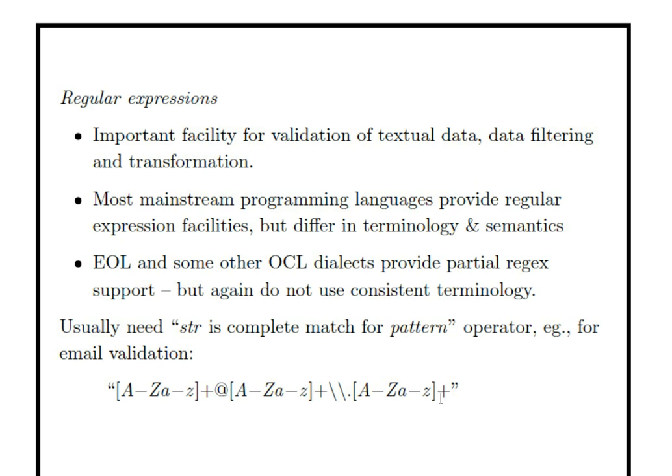So a very simple format for an email would be like this, and we expect a valid email to completely match that pattern with no extraneous characters at the beginning or end.